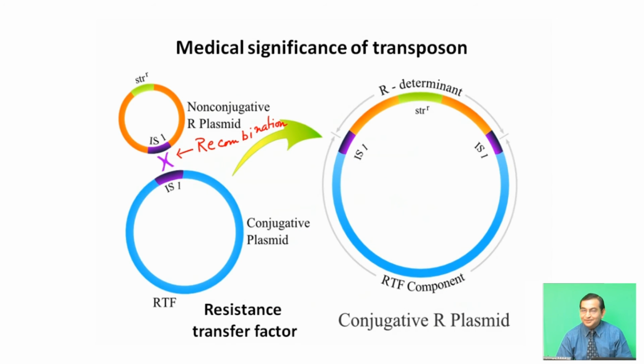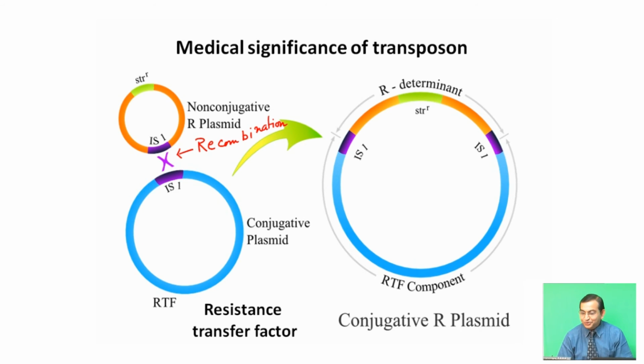Next comes the medical significance of transposition. The medical significance is that resistance genes spread to other bacterial populations. In these illustrations we are showing that in the course of evolution, conjugative plasmids or resistance transfer factors originated.